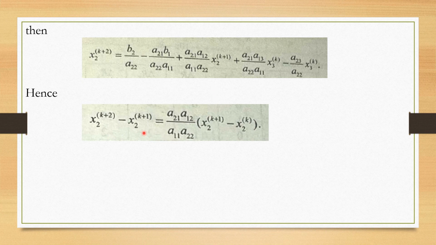Simplifying, we obtain x2^(k+2) minus x2^(k+1) as a21 a12, which is the coefficient of x2^(k+1), with this factor.